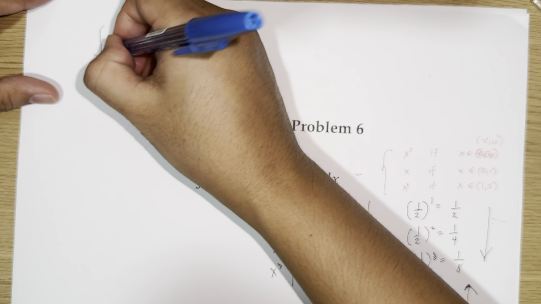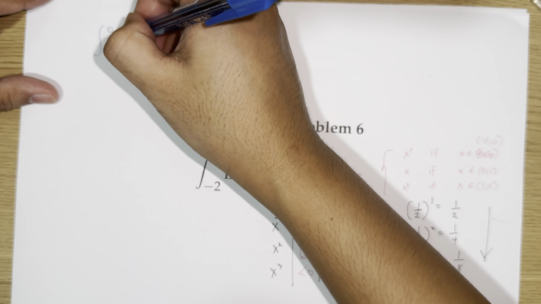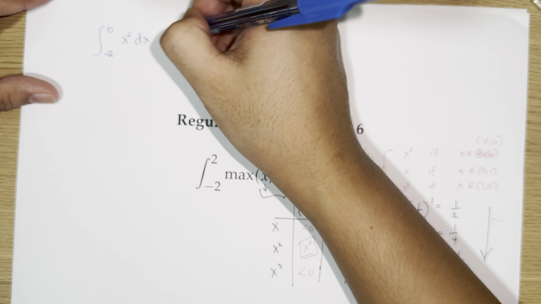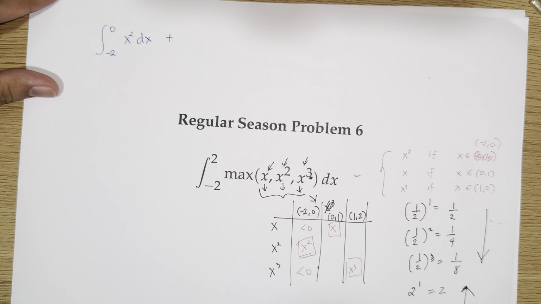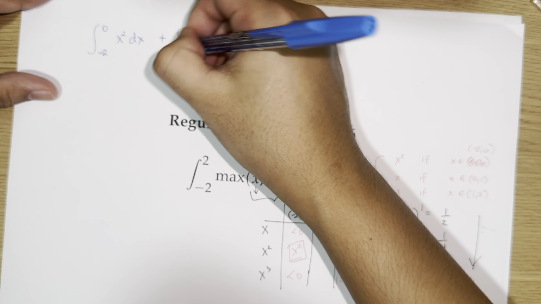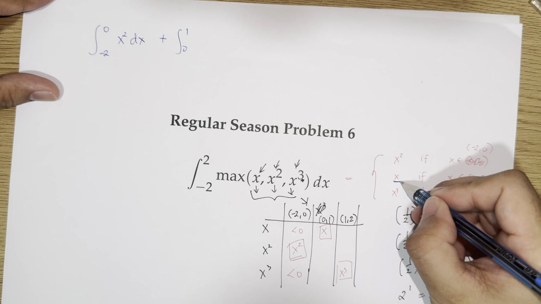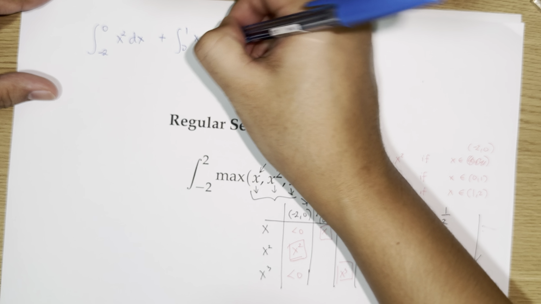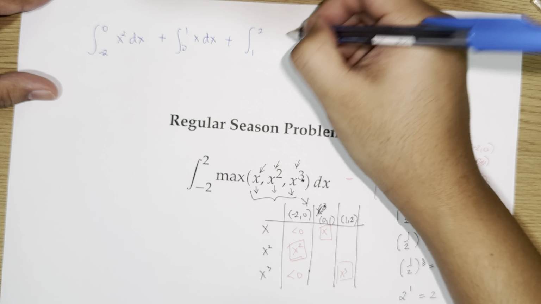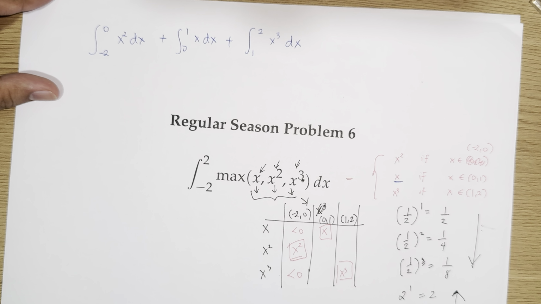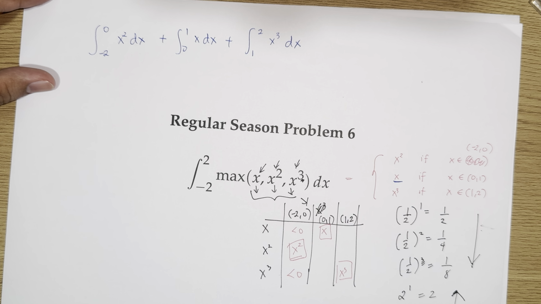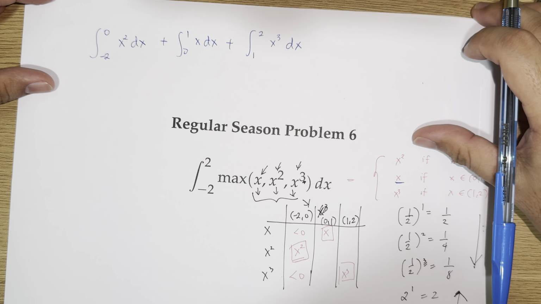So that's negative 2 to 0, the value is x squared, and then from 0 to 1, the value is x dx, and then from 1 to 2, the value is x cubed. Understood?